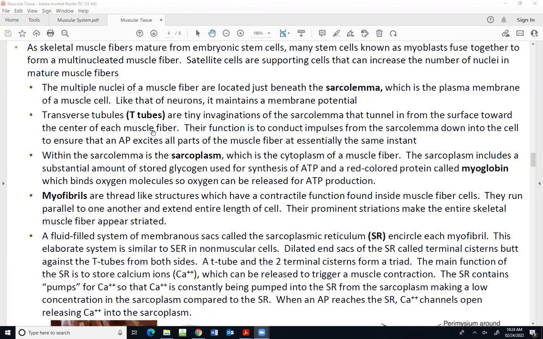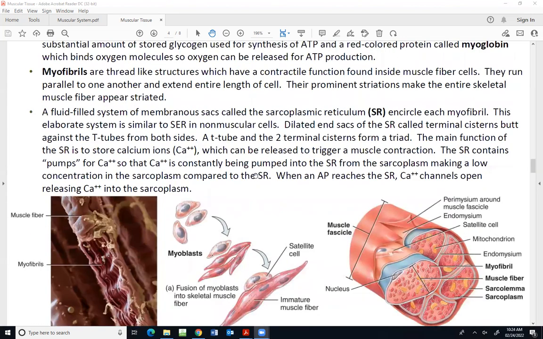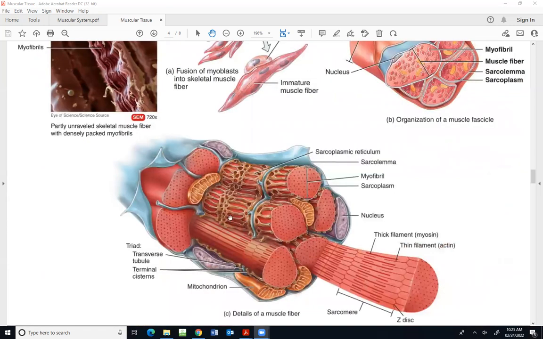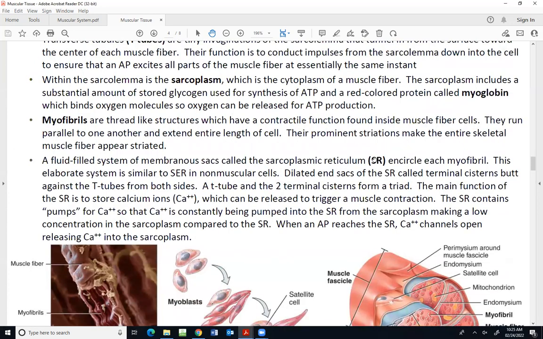Then there are newer things like the T-tubules, which are these blue tube-like structures that carry action potentials inward. Surrounding the T-tubules and the myofibrils, in gold here, is the sarcoplasmic reticulum, or SR for short, which is the same thing as the smooth endoplasmic reticulum, the SER, in non-muscular cells. So that's where we left off.